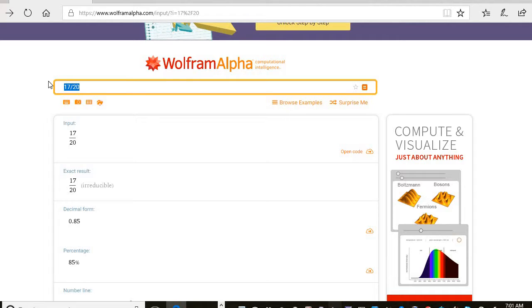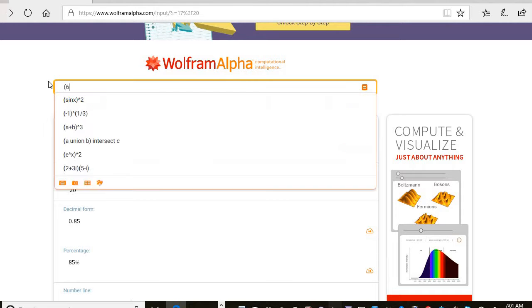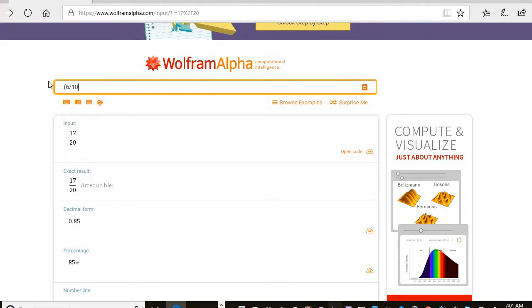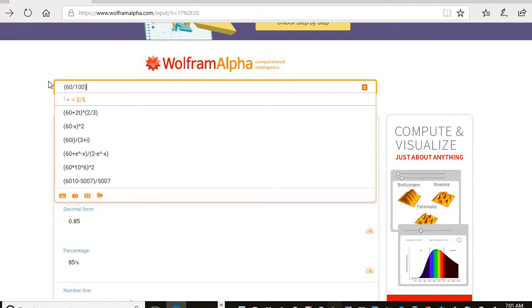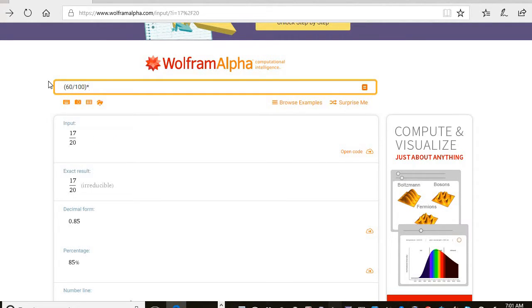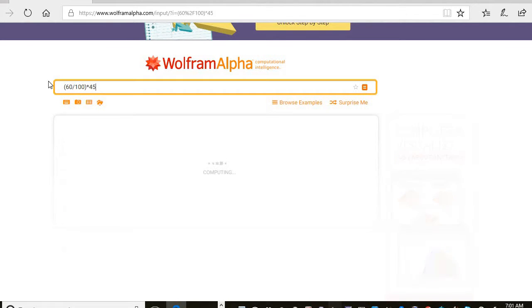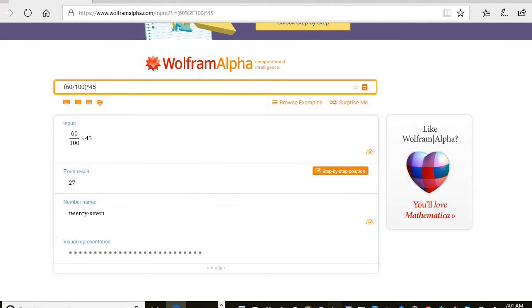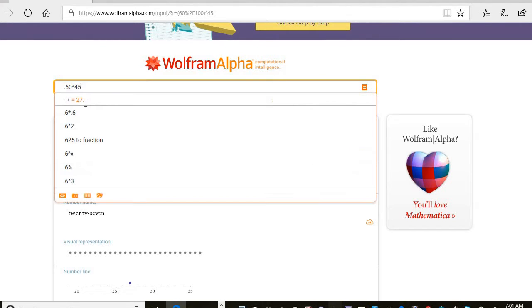All right, so let's look at how I would do this on a calculator. You could do it with a fraction. You could take 60 divided by 100 times 45. Do that, and you see that the exact result is 27. But I could also just go 60% is 0.60 times 45.